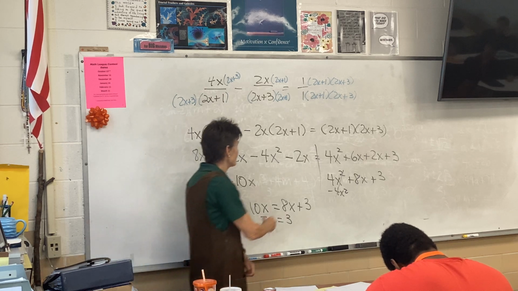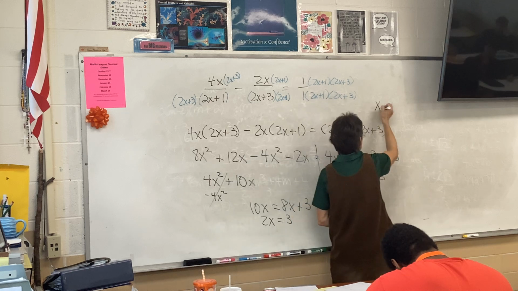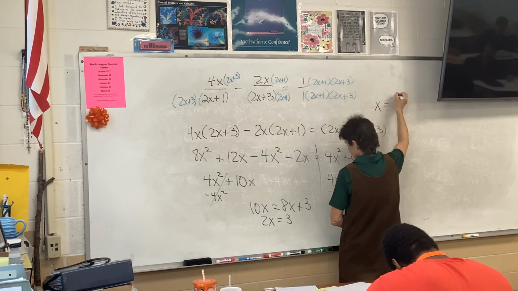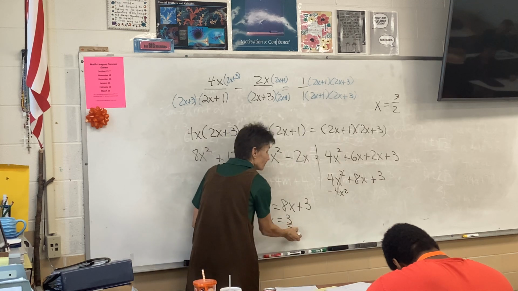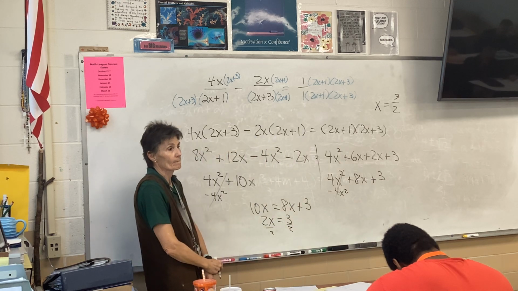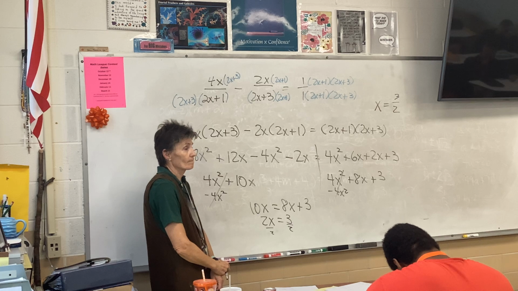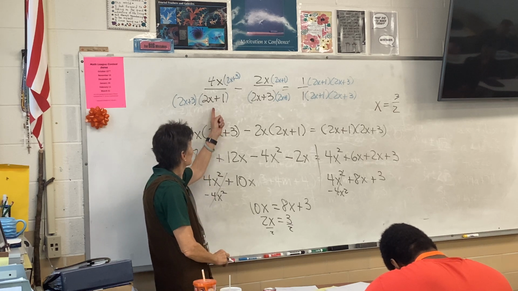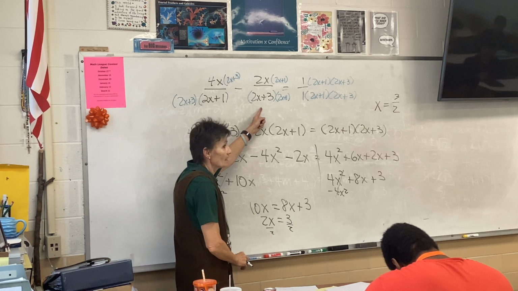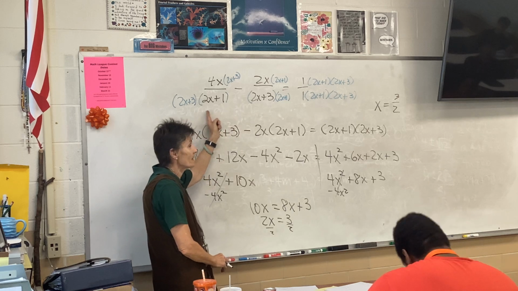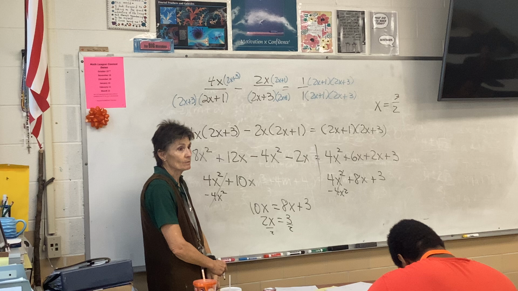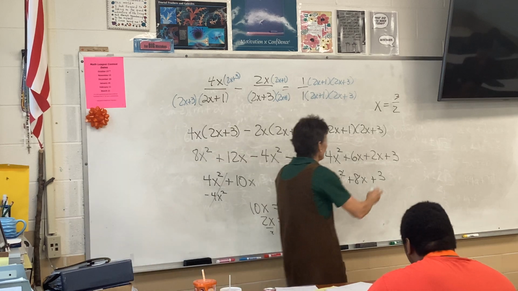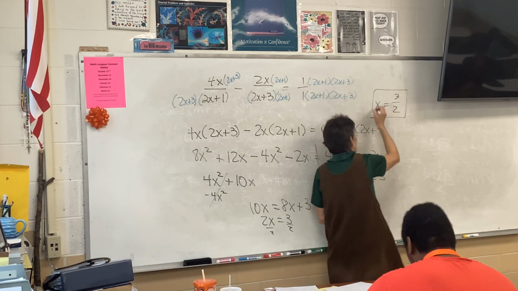And what does x equal? x equals 3/2. If I put in a positive 3/2, I'm not going to get 0, so that is my answer. No extraneous roots. That's my answer.